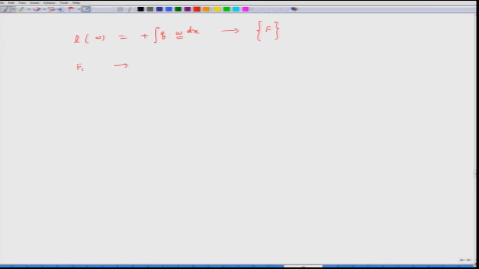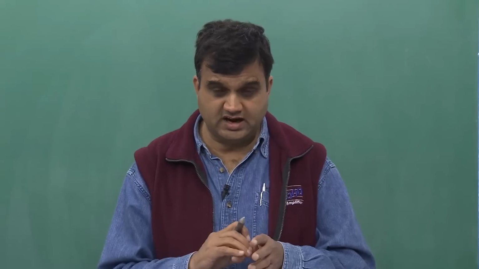I put phi 1 in place of W. So, I get F1 is equal to integral of Q, and I know Q can be a constant or a varying function, I do not know, it depends on the nature of the problem, but that is known.